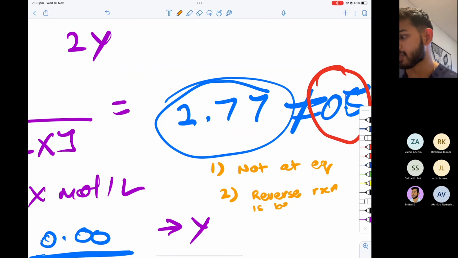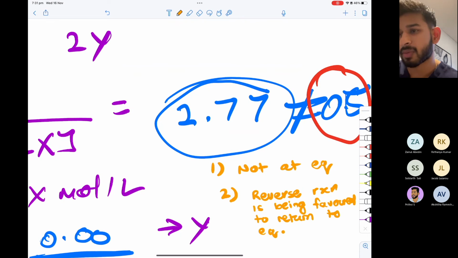What that means is the reverse reaction right now at this point in time is greater than the forward reaction, so that we can return back to equilibrium. The reverse reaction is being favored to return to equilibrium.